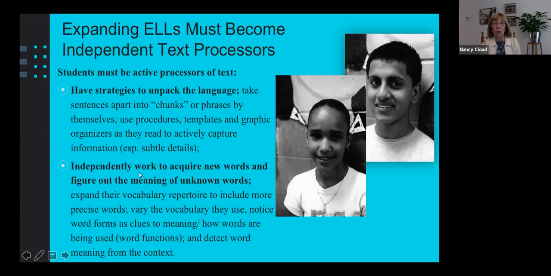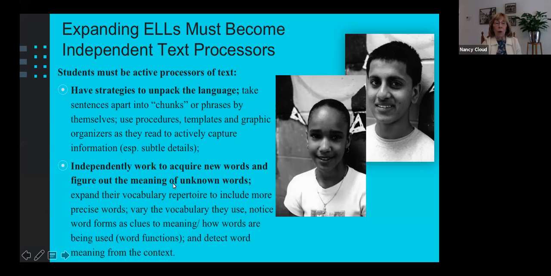And so the first type of strategies they need to have is to take sentences apart into chunks, to use procedures like a language dive, like a juicy sentence unpacking, templates and graphic organizers that we work on with them in class, and they become so good at, they're able to design it for themselves and implement it on their own on a test or when they're by themselves reading complex text and they have zero help at the particular moment.